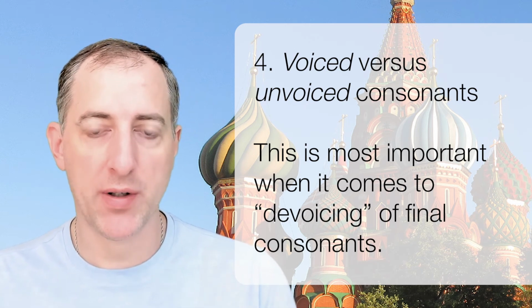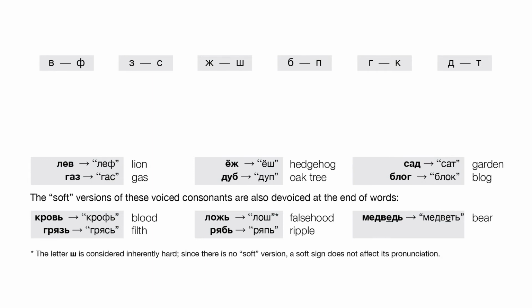So we say that z and s are a voiced, unvoiced pair, right? So there are certain consonants, and we see them here in the list, in Russian that can be grouped according to being voiced versus unvoiced: V and F, Z, S, J, Sh, B, P, G, K, and D, T, right?